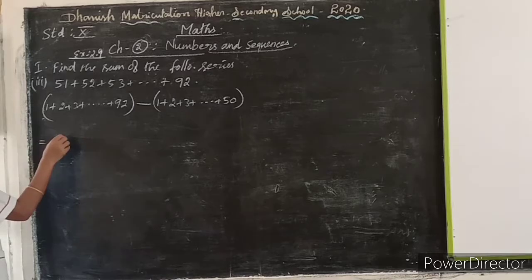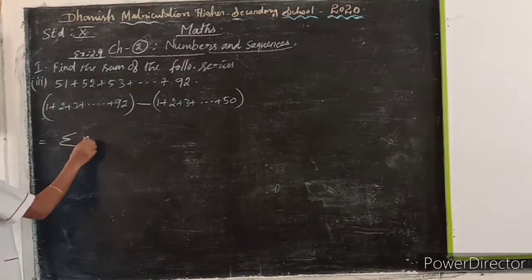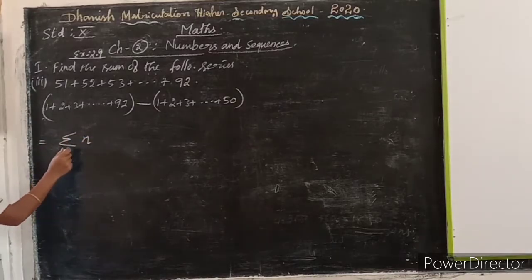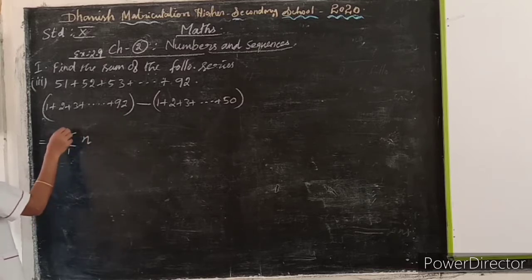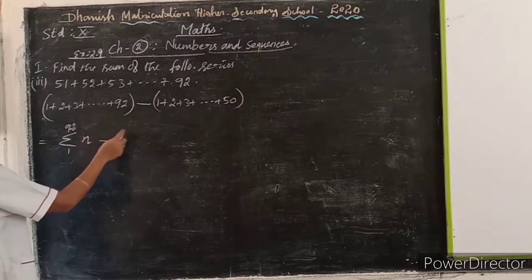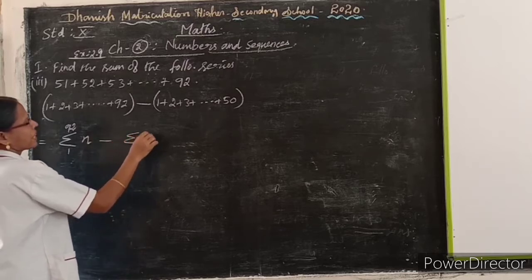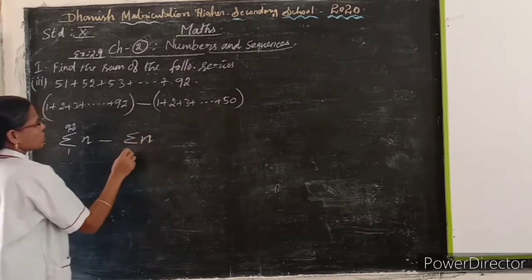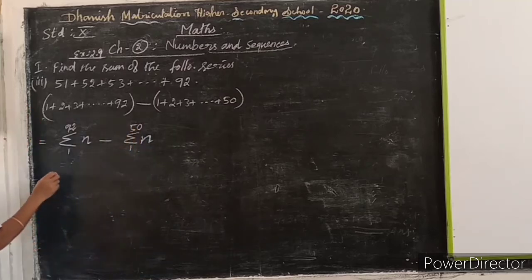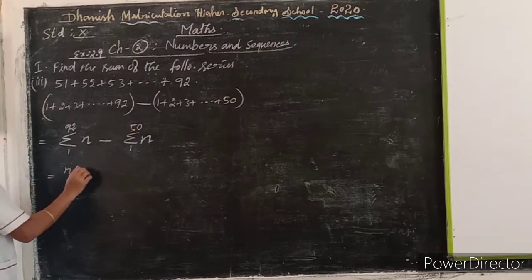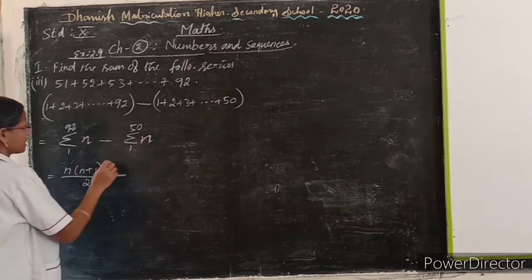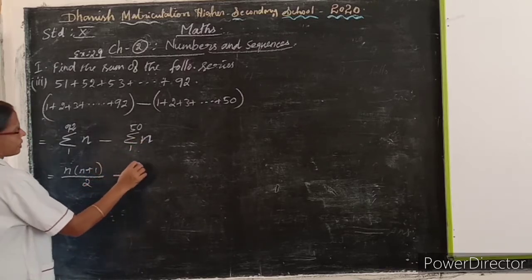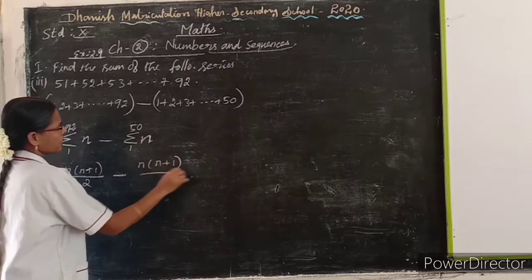Now the formula: sigma n is the symbol denoting the sum of the first n natural numbers. So summation n, where n is 1 to 92, minus summation n, where n is 1 to 50. Substitute the formula n into (n plus 1) by 2 for each term.